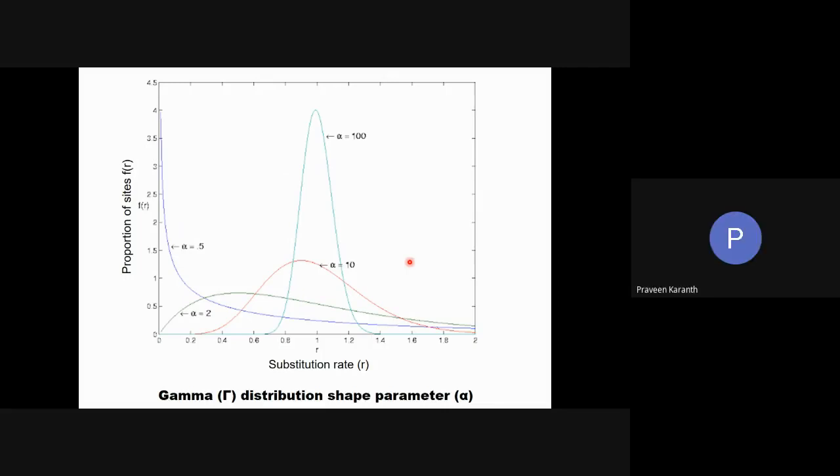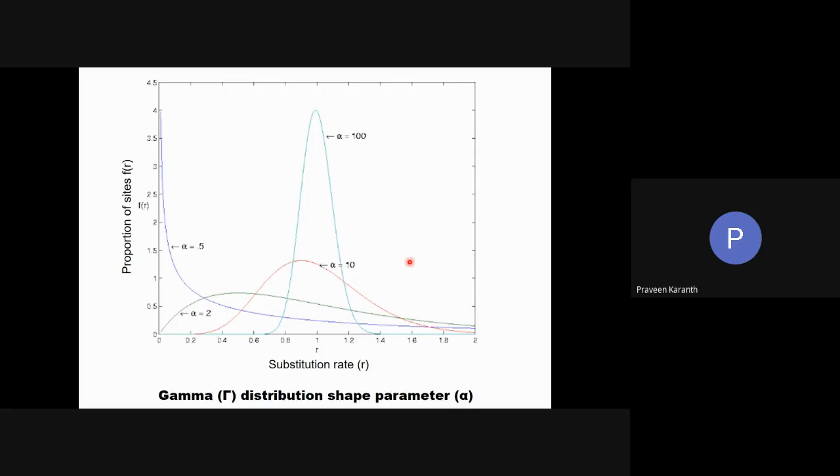Yeah, sure. So basically, this graph here shows, in an alignment, how the rates of nucleotide substitution are distributed, right?